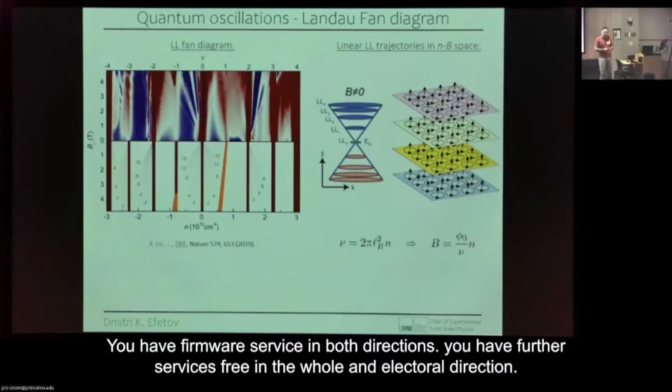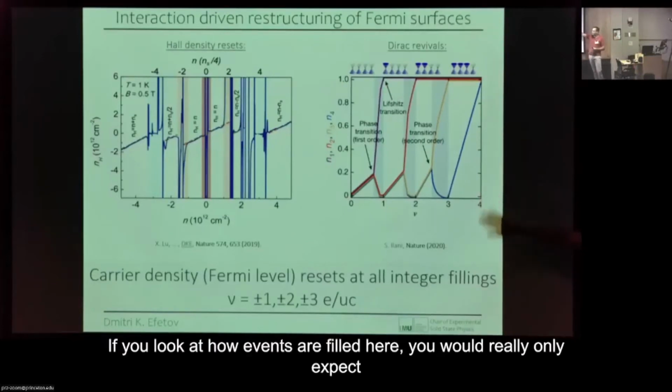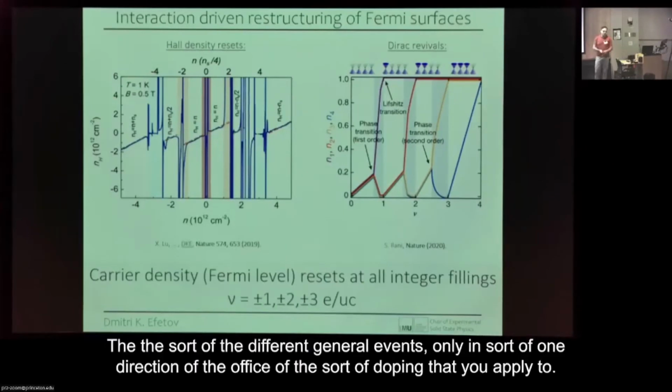And this is again something which can be explained by this phenomenological model of the Dirac revivals. If you look at how the bands are filled here, you would only expect the different degenerate bands in one direction of the doping that you apply.